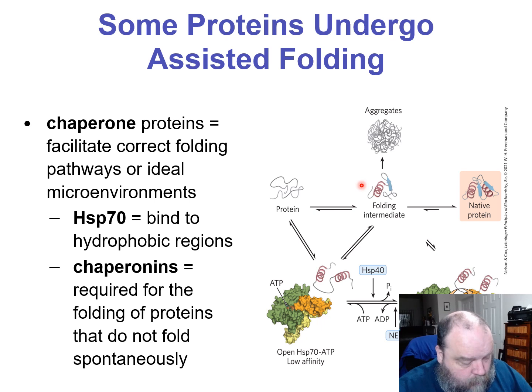It's going to take these intermediates, not quite where they need to be, and then it's going to help push, pull. Not get it completely to the native state, but close enough that other chaperonins can come in and give it that last little twist and tweak and get the correct shape.